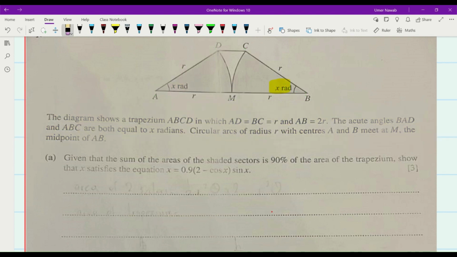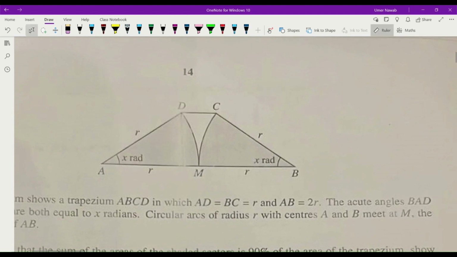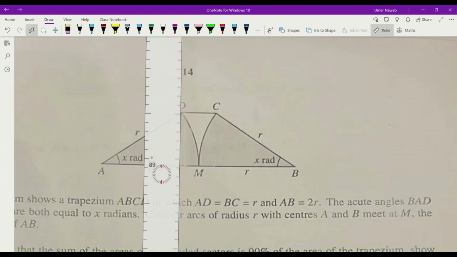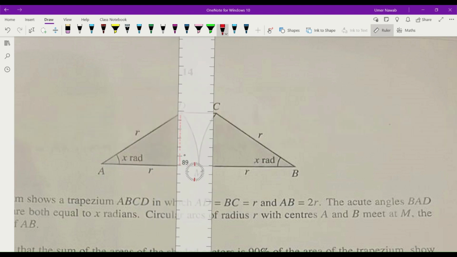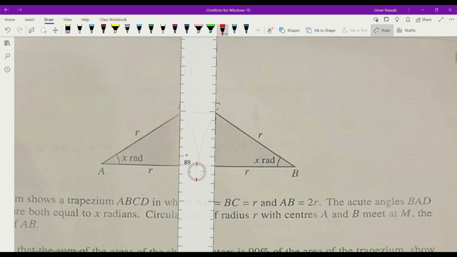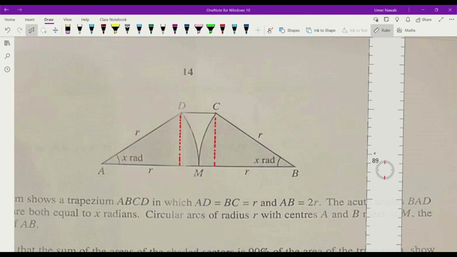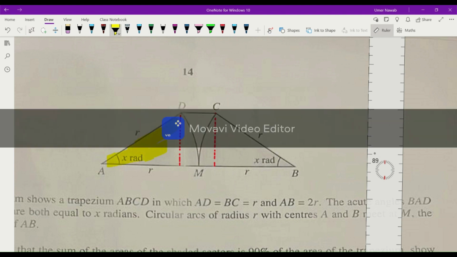Now, before we start the question, it would be better if we can draw these lines, because I'm sure he's going to talk about the area of a trapezium. So it's better to drop the height from D to the AB line and also from C to the AB line. So we do this. Now, this looks like a right angled triangle.